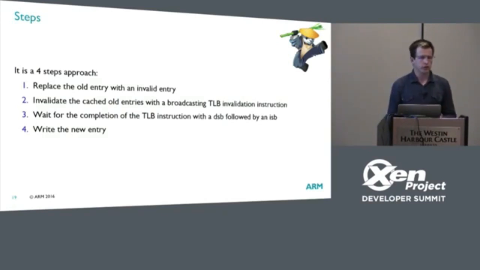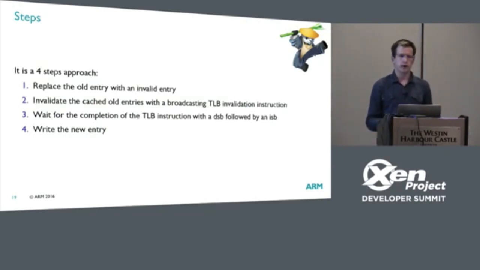For that, you need to ensure that the TLB instruction has completed using DSB, the memory barrier, and ISB to flush the pipeline. So you know that after step 3, there are no TLB entries that cache this entry. And then you write the new entries.